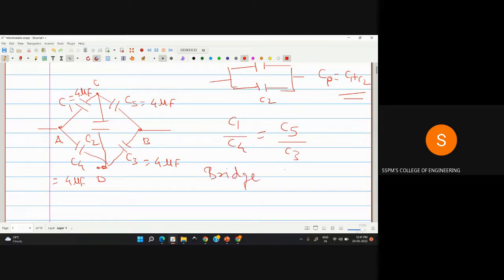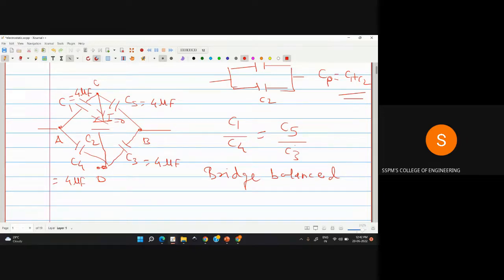Bridge काय असतो? बॅलन्स्ड असतो. आणि जर ब्रिज बॅलन्स असेल तर इथून करंट फ्लो होणार का? From C to D, the current cannot flow from C to D. So this branch will be open because current is not flowing at all. कारण बघा C1 आणि C4 हा रेशो काय असणार आहे? 1 असणार आहे, equal to C5 divided by C3 is equal to 1.